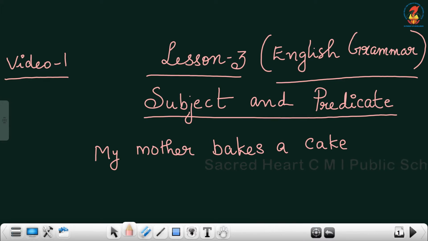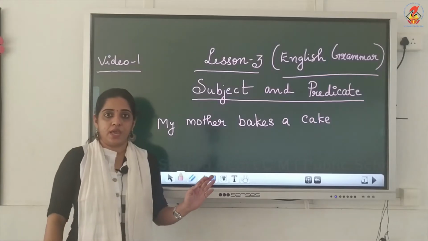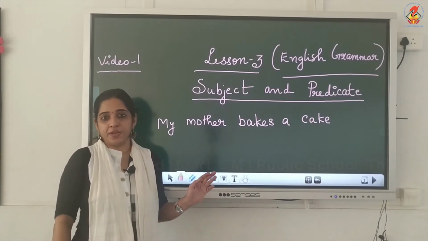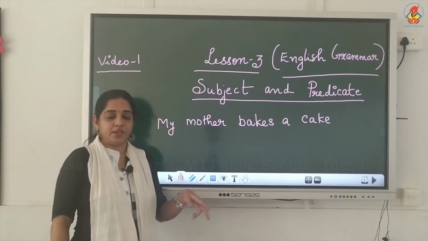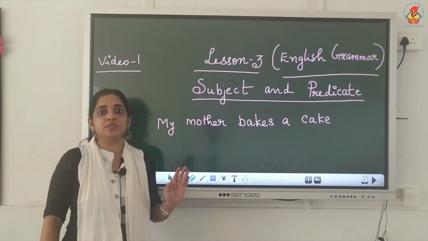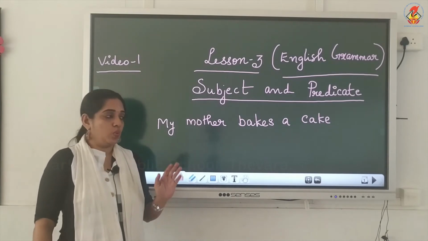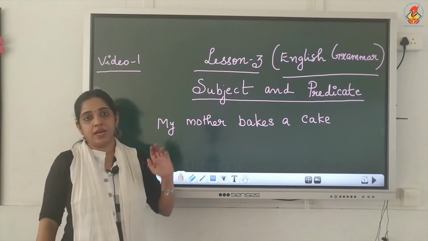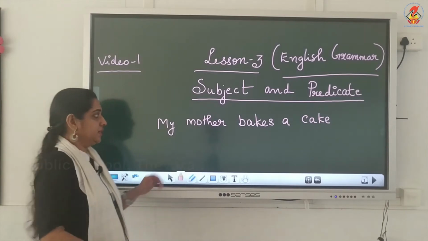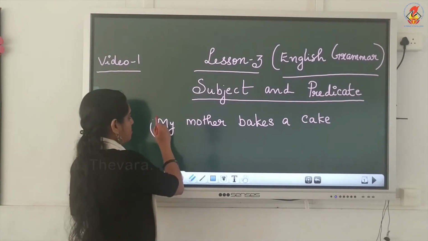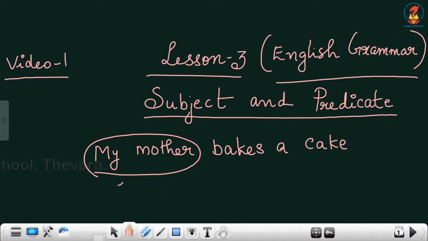This sentence can be divided into two sections. Which are they? One is the subject and the other one is the predicate. So here, my mother is the subject and bakes a cake is the predicate.